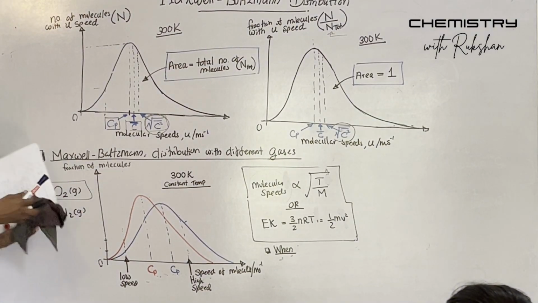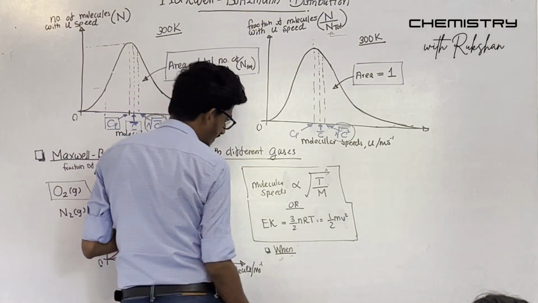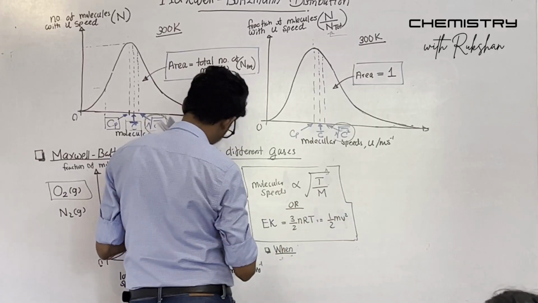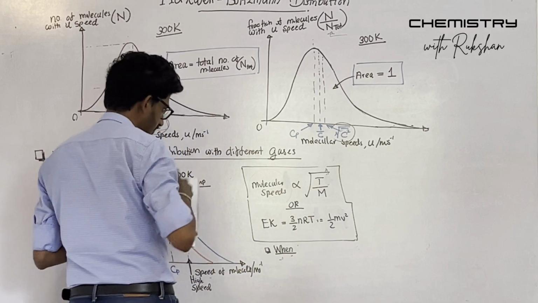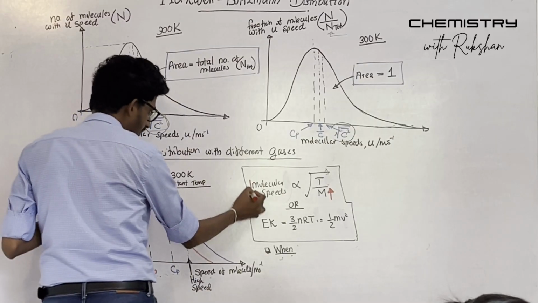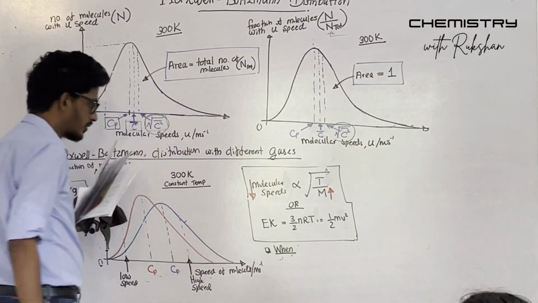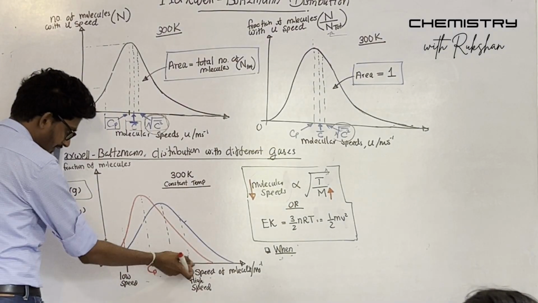So when the mass, the molecular weight, is high, right? Molecular speeds will be low. So the lower speed, this is the speed axis.